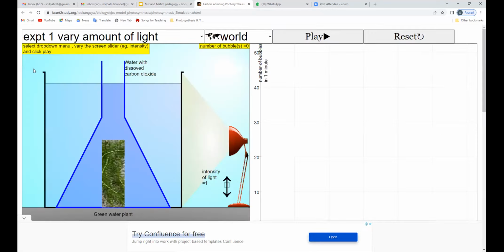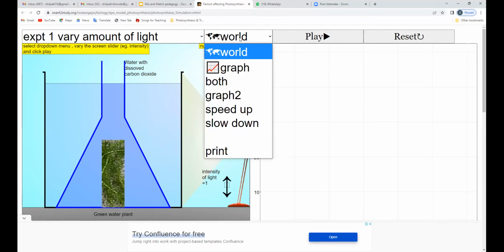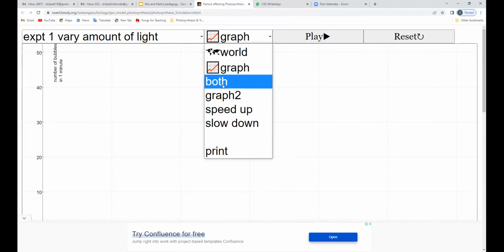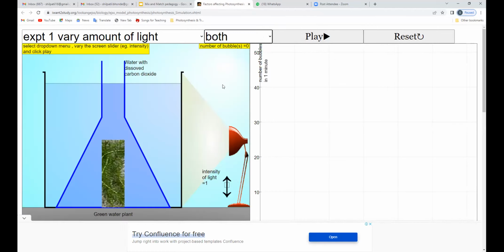Actually, in this simulation, there are multiple options. We can use a graph, or we can use both a graph as well as an experimental setup.